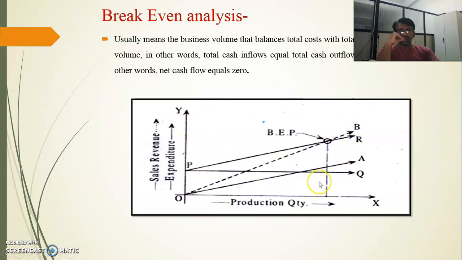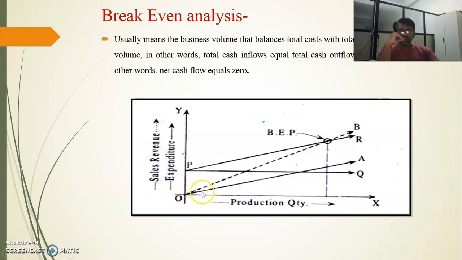Now in this graph there is another line which starts from the origin, represented in dotted form. This line is OB, which represents the selling revenues. That means after selling, whatever revenues are generated by the company, considering the total cost and the profit.